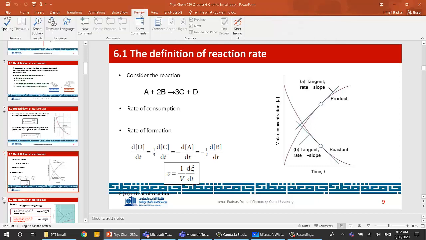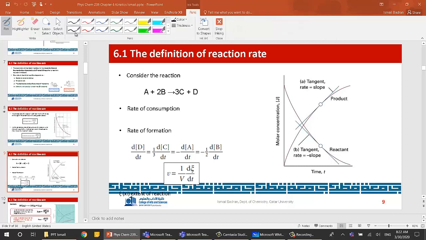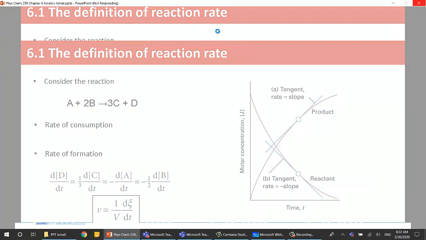So the rate of consumption of the reactants is equal to minus dA over dt, where the rate of formation of products is plus dD over dt. So for products we always use plus, and for the reactants we use minus.